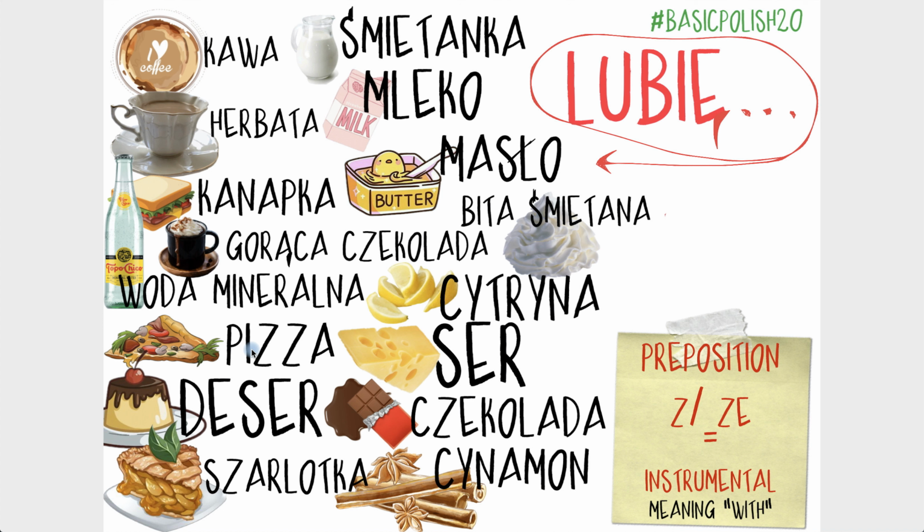So that's it. This is how you combine the accusative with the instrumental case. So from today's lesson, I want you to remember that z followed by a noun in instrumental case has a meaning of with, right? Now, when we say lubię, that means I like, and then obviously the noun that follows needs to be applied in an accusative case because it's an object.